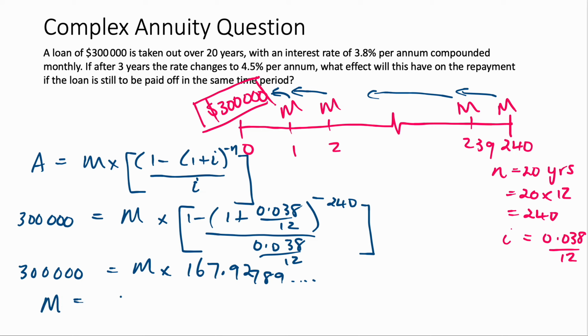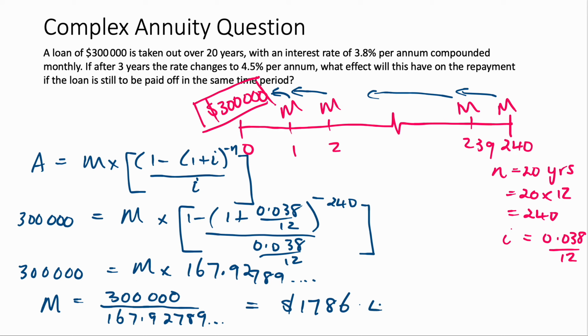So I'll turn it around: M is equal to 300,000 divided by that 167.2789, and that gives us a value of 1,786.48. So when this loan was originally taken out at an interest rate of 3.8%, the bank would have calculated that to have it paid off in 20 years, that would be the repayment required every month.